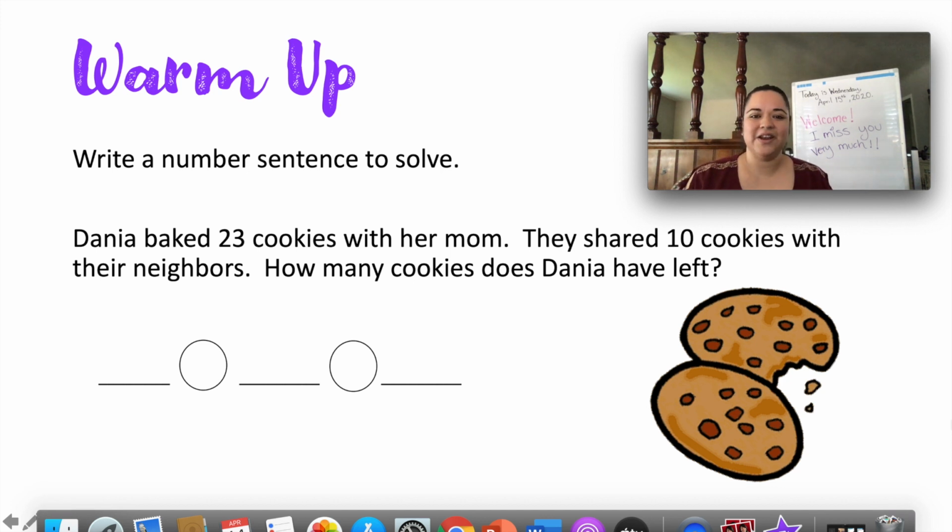So let's get started. Our warm-up, you have 60 seconds to solve the problem, but not yet. Let me go ahead and read it. It says, write a number sentence to solve. Vanya baked 23 cookies with her mom. They shared 10 cookies with their neighbors. How many cookies does Vanya have left?